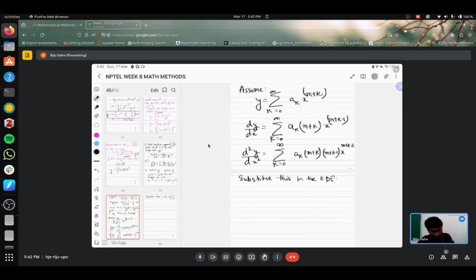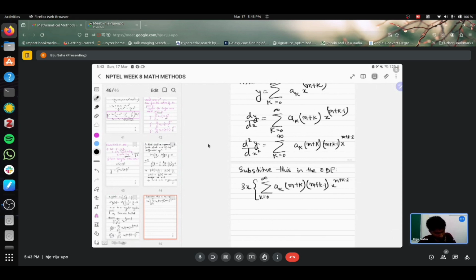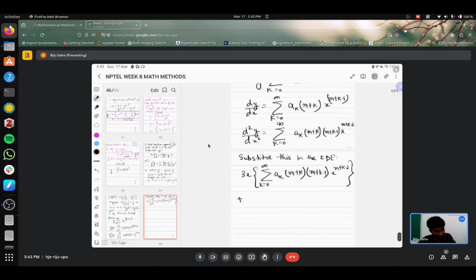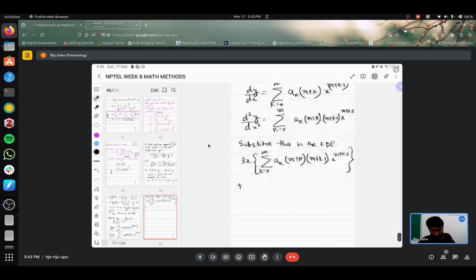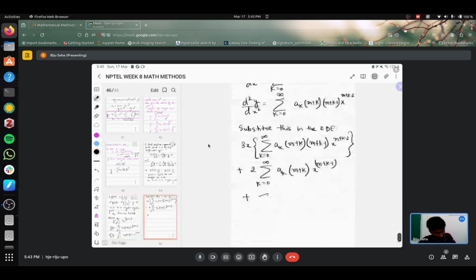When we substitute, we have first of all 3x into the second order derivative, that is 3x square, and then we have 2 dy/dx plus y, that is simply this.